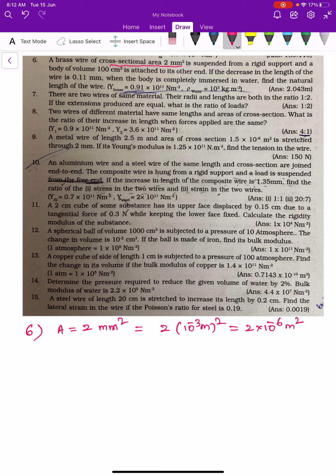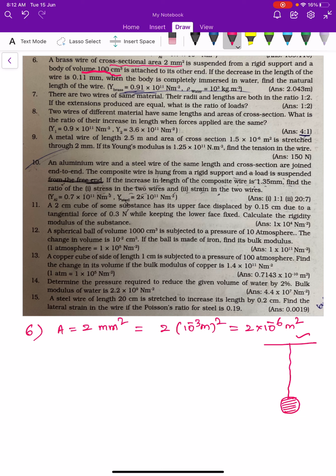So area is given. A brass wire of cross-sectional area is suspended from a rigid support and a body of volume 100 centimeter cube. So here the situation is like this. The brass wire is suspended from a rigid support and the other end of the wire is attached to a body.